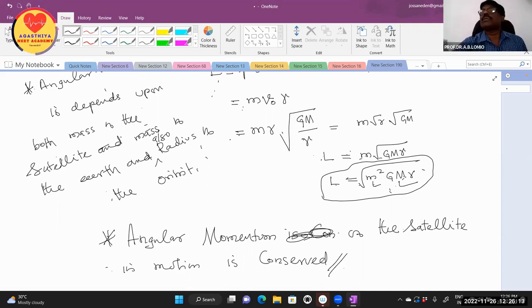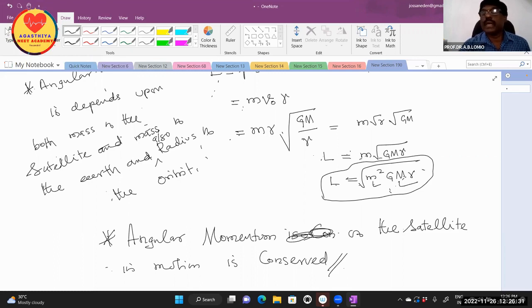These are the important terminologies. You have to memorize all the formulas. You have to learn all the concepts. It will be very useful to solve the problems.